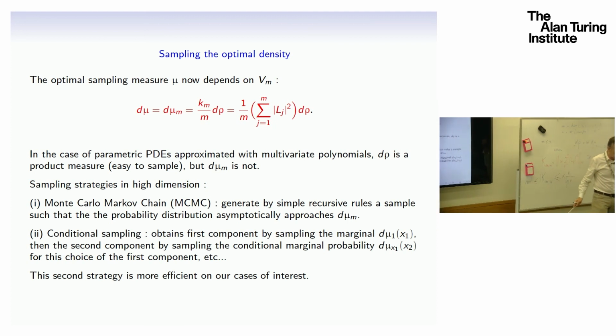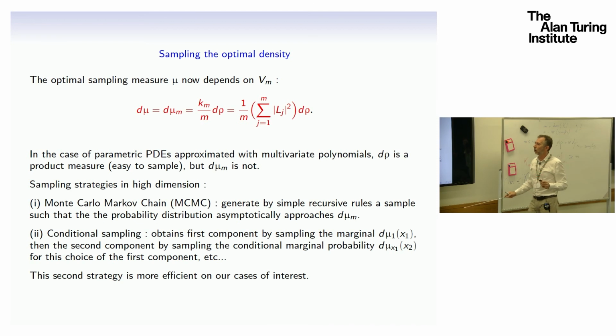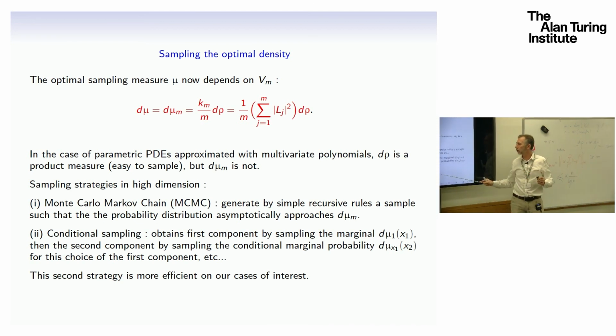Actually, we can do something simpler, which is what we call conditional sampling, exploiting the fact that this rho is a tensor product and these L_j are themselves tensor products of univariate bases in the case that we consider. That allows you to have a very simple form for the marginals.